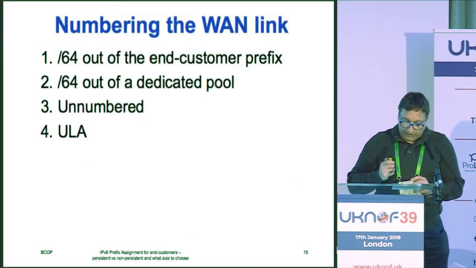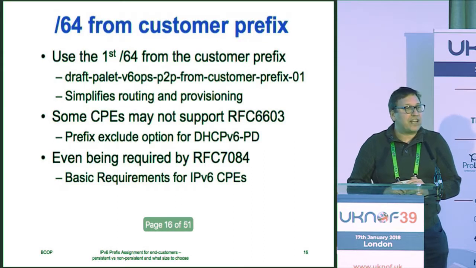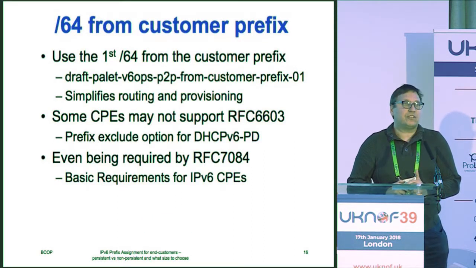How to number the WAN link? First option, /64 from the customer prefix. This was looked at as a very stupid idea about 10 years ago when I wrote a draft in BCOP and I got a big pushback. But right now, I think 69% of the people are doing that, which is a big number.